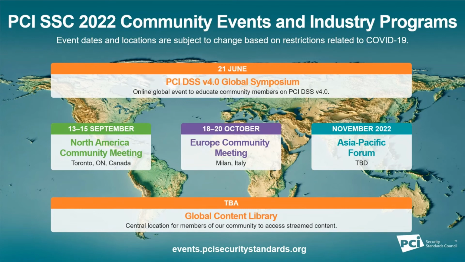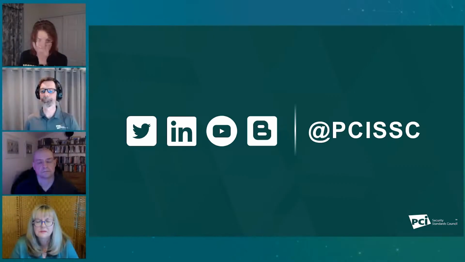For example, we're going to have a global symposium focused just on PCI DSS 4.0. That's in addition to our different community meetings that will occur. And we're also populating our new global content library, which will be another source of different information. So I hope you all take advantage of that.